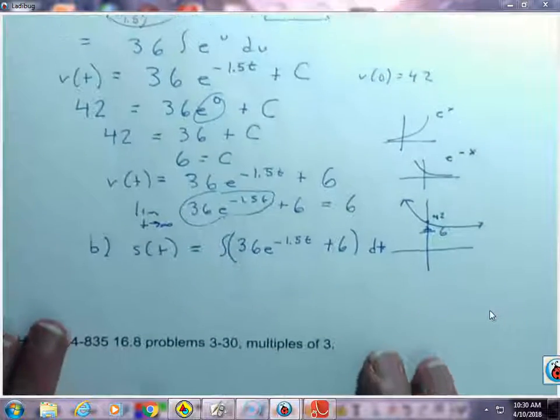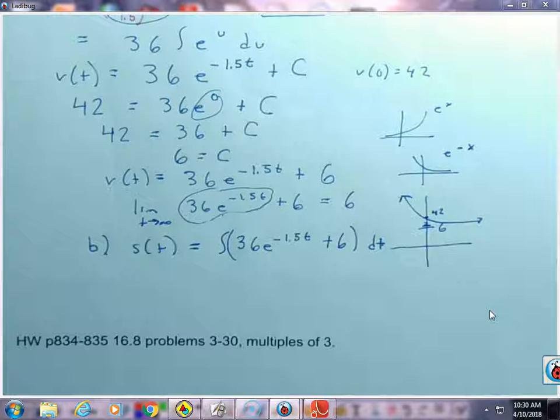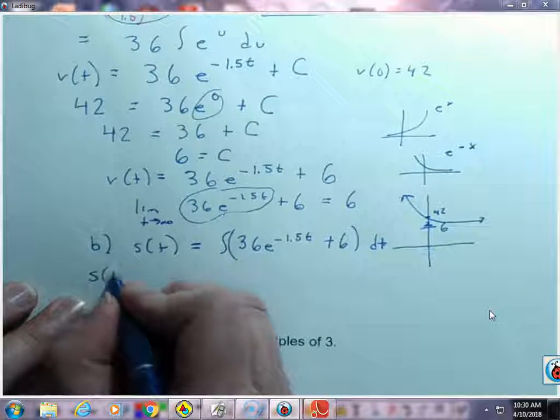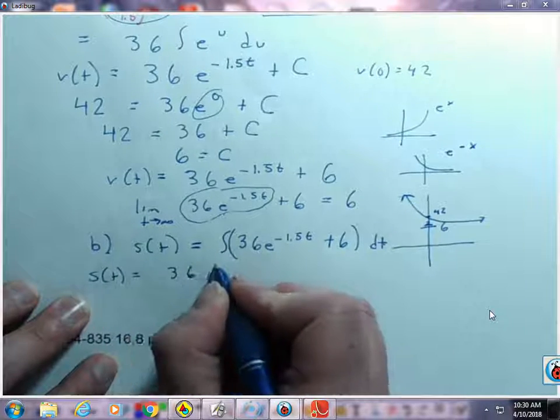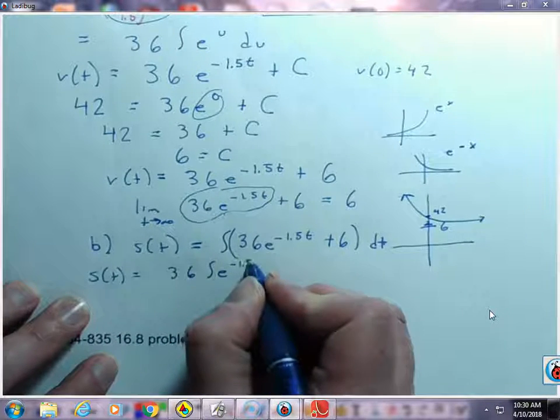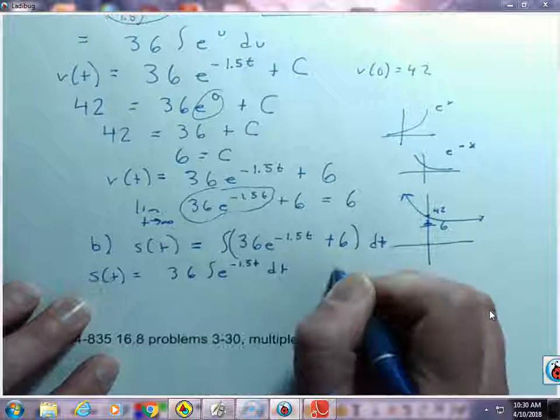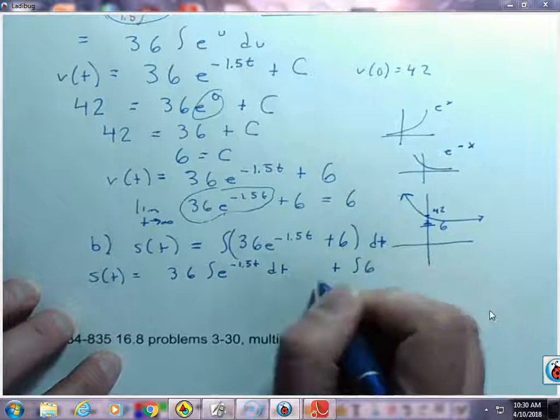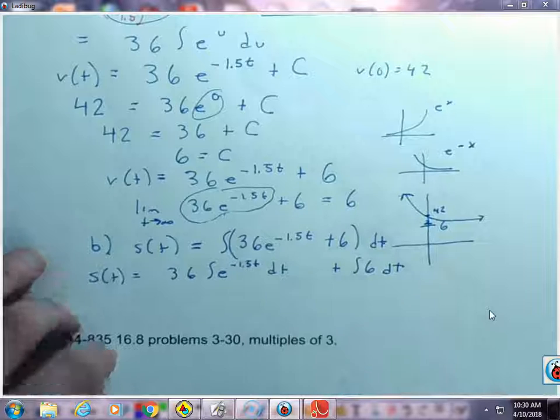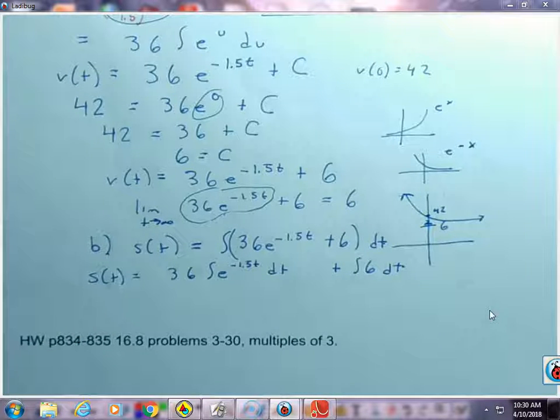I can't use a calculator because it doesn't have bounds. So I'm going to take out the 36 from this, and I'm going to separately integrate the 6, because when it's plus or minus, you can separate each one.